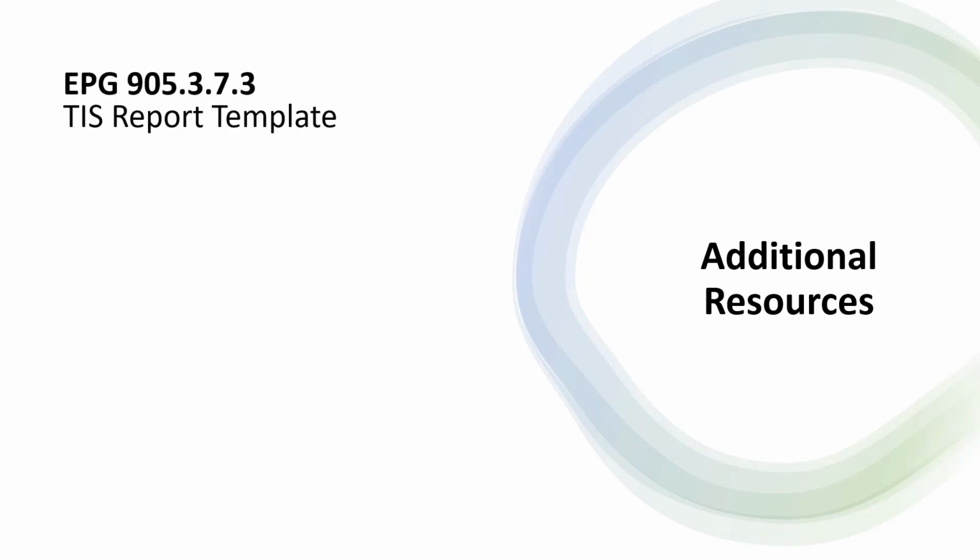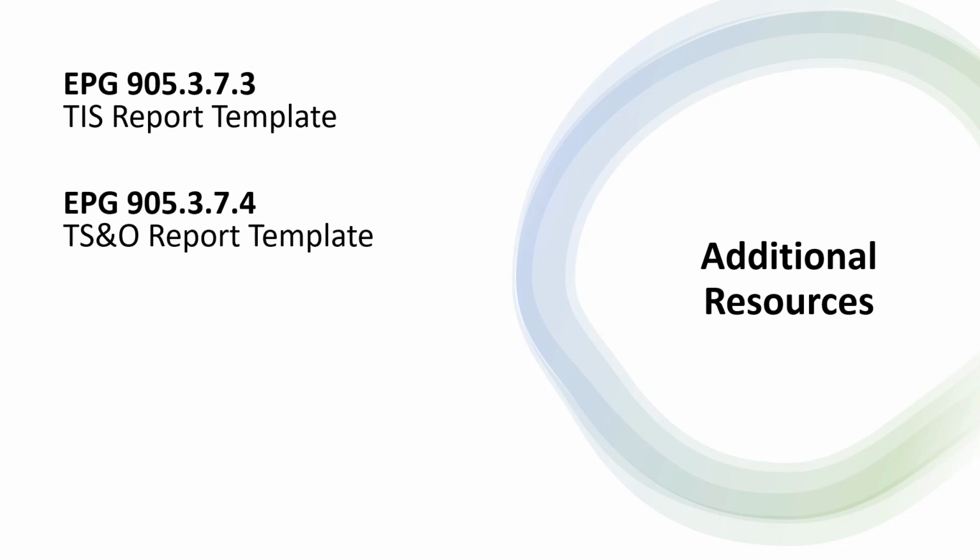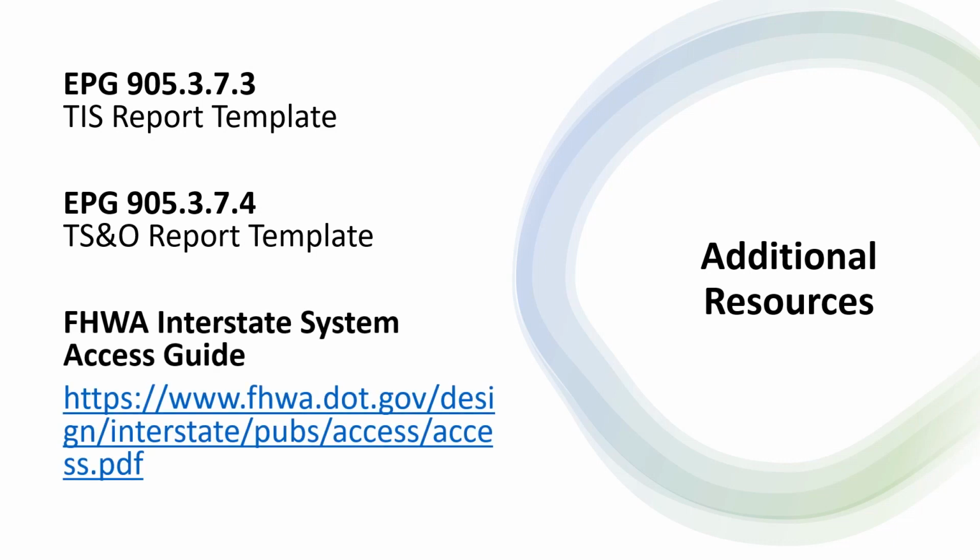Resources that provide additional general guidance include MoDOT EPG 905.3.7.3 and 905.3.7.4, the TIS report template and TS&O report template, respectively, and the FHWA Interstate System Access Guide, which discusses safety and operational considerations for a TS&O.